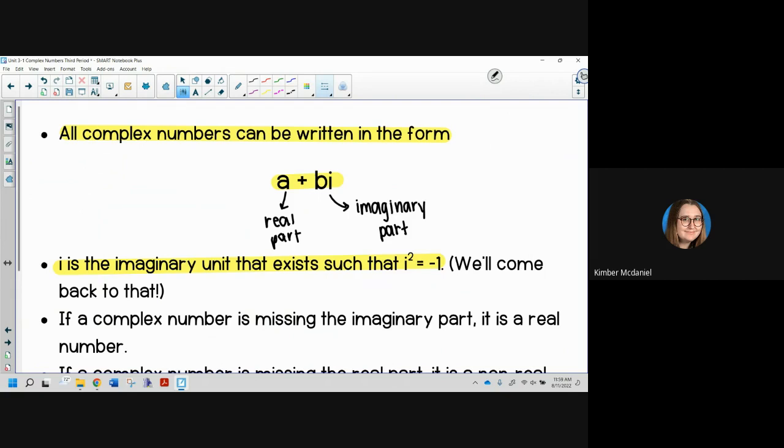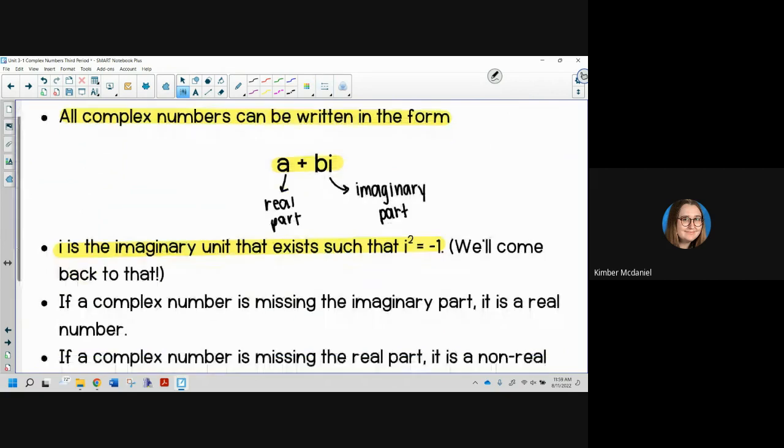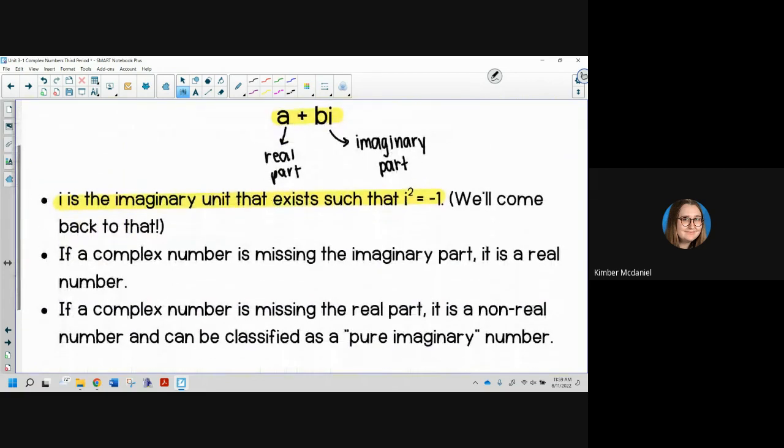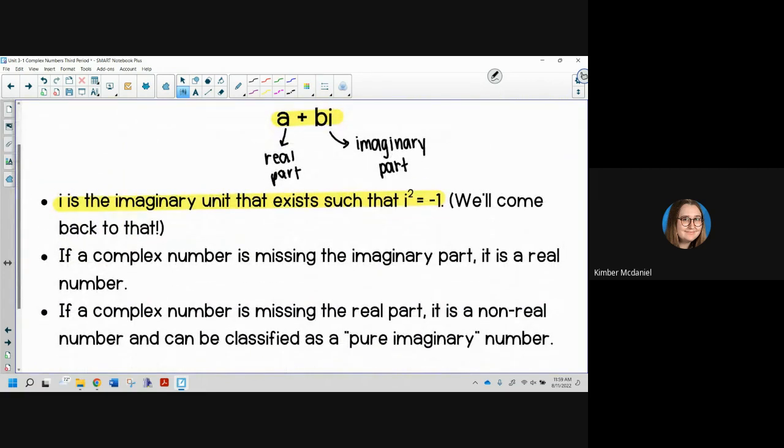I'm going to scroll down just a little bit so I can read these bottom two bullet points. Once you have what's in yellow down, just put your pencil down for a minute. So when it comes to a complex number, again, in A plus BI form, if it is missing the imaginary part, so if it's missing that I part, we simply refer to it as a real number. So when we think about real numbers, we think about like 2 or -8 or -30, like numbers like that. They don't have the imaginary part. And even though they are complex numbers, we're going to classify them as real numbers.